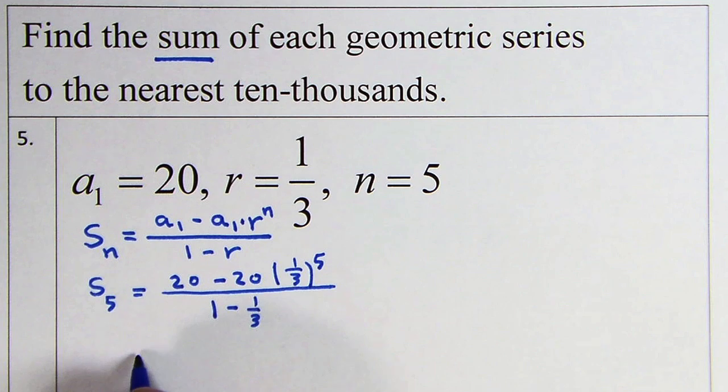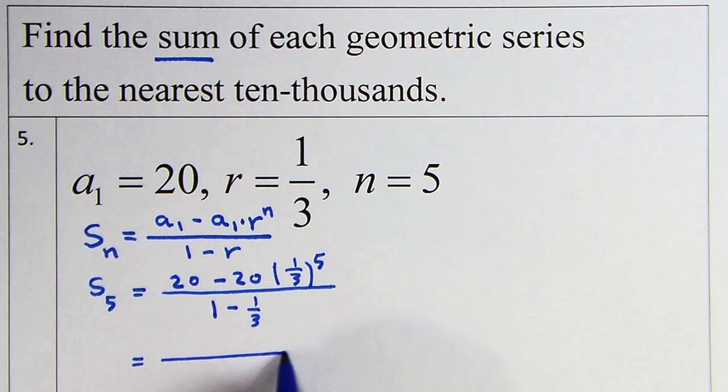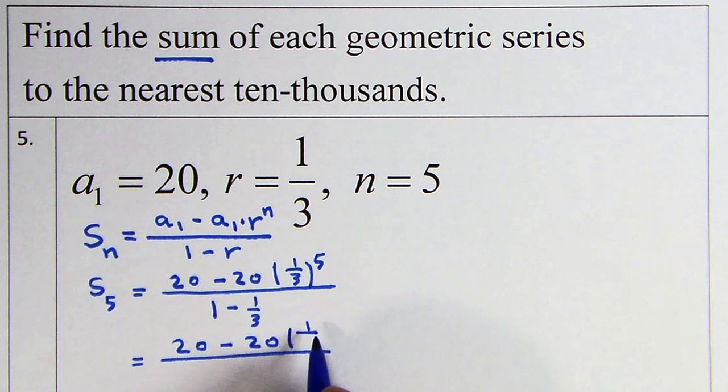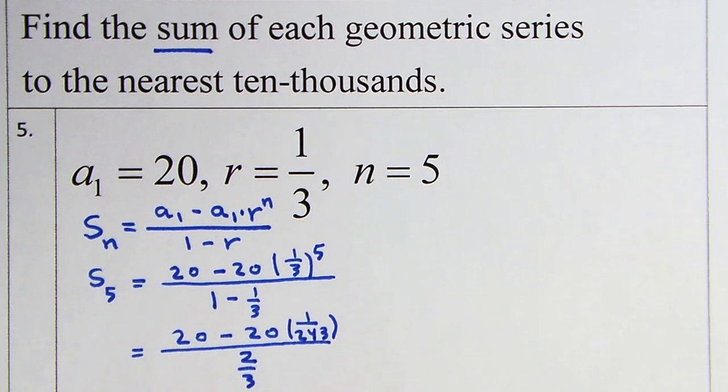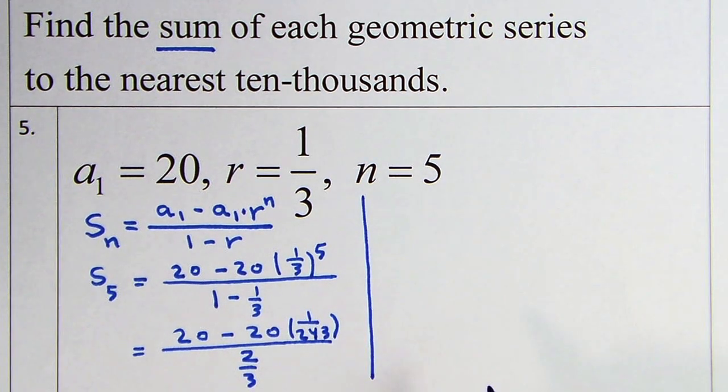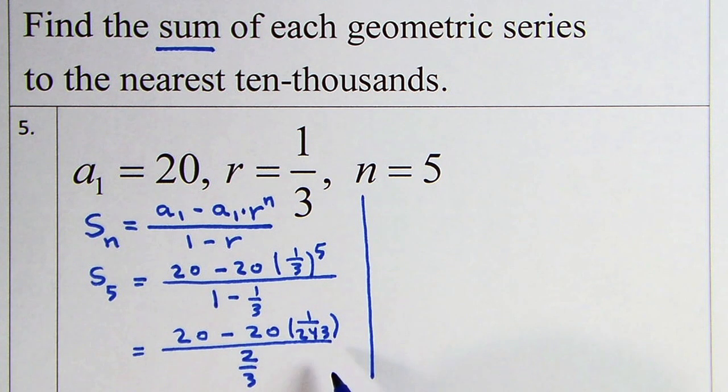That is equal to 20 minus 20 multiplied by 1 over 243 over 1 minus 1/3 is 2/3. Moving to the right side, we could simplify this on the calculator, but before we reach the calculator, it's better to simplify our numbers.